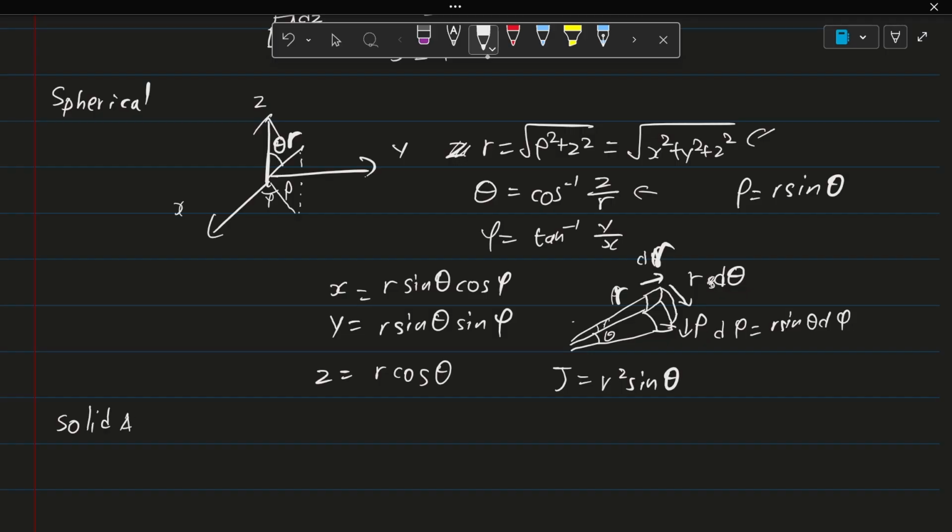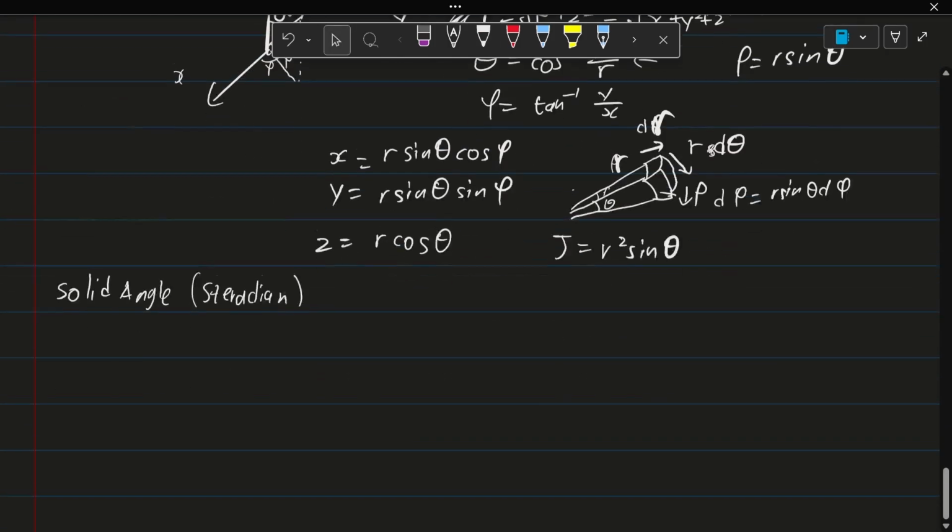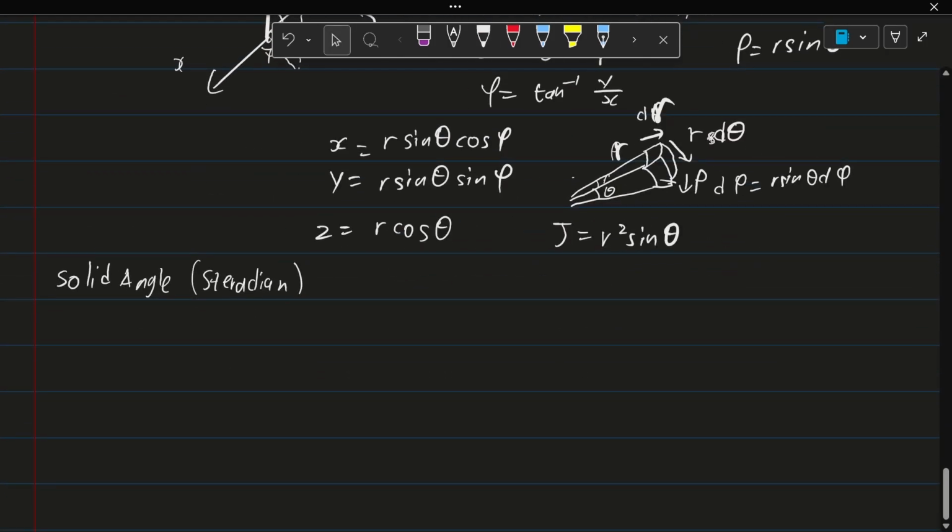So the solid angle, or the steradian, is pretty much a counterpart of the angle, or the radian. How do you prove that the total steradian of a solid is 4 pi? We'll use this idea first.